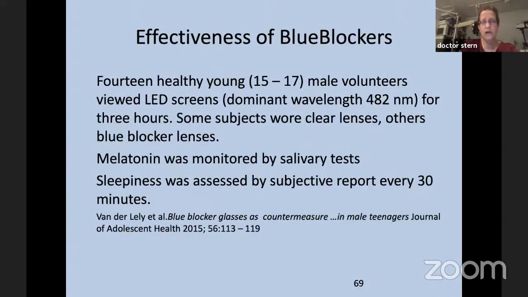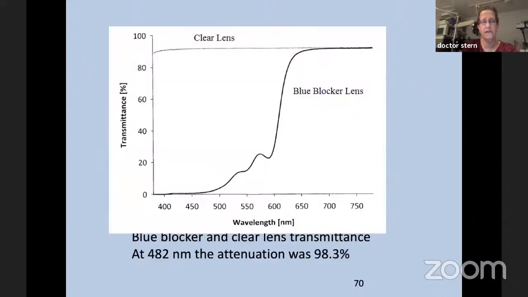What about blue blocking glasses? Those that did wear them did find that they did better. They had some subjects wearing clear lenses, others these blue blocking lenses, and then they reversed it.